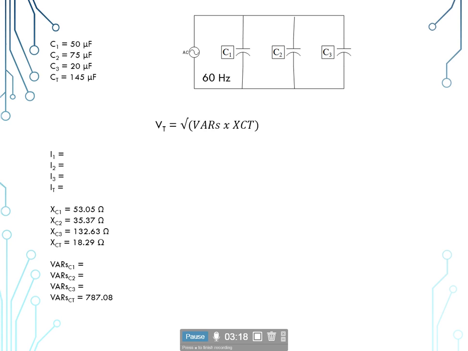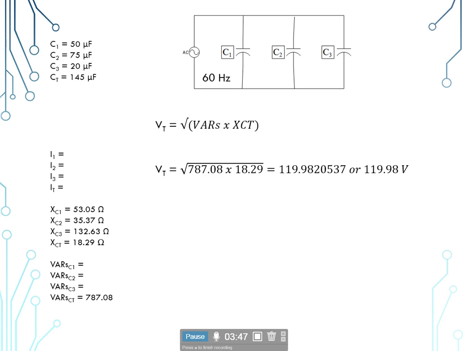So our total voltage will be equal to the square root of, open the parentheses, VARs times our X sub C total. So we take the square root of 787.08, that was a given value to us, times our calculated total capacitive reactance of 18.29 ohms, giving us 119.98 volts.